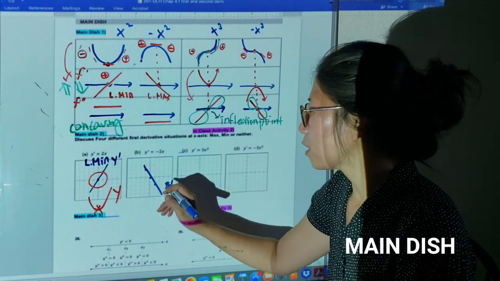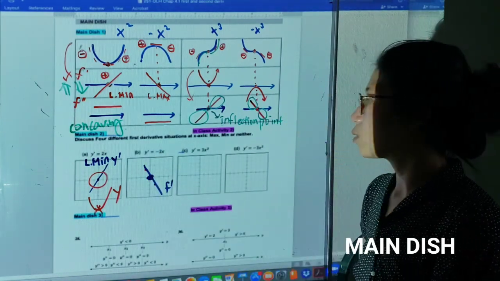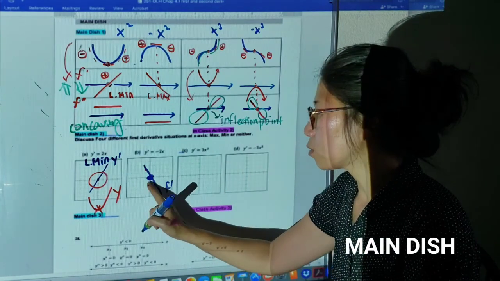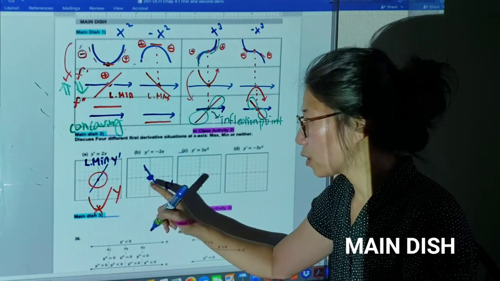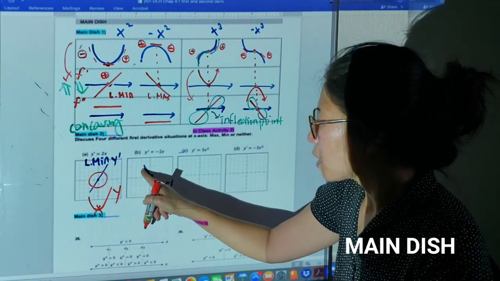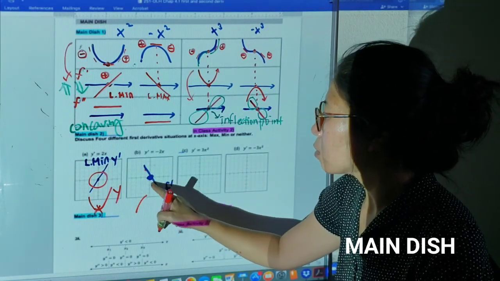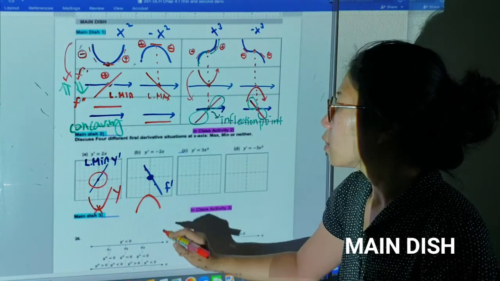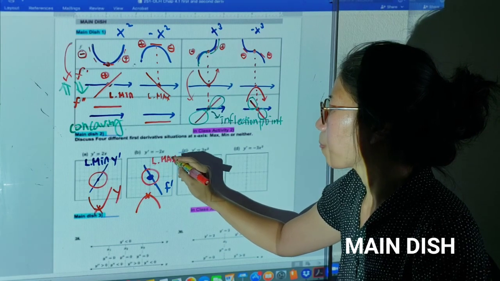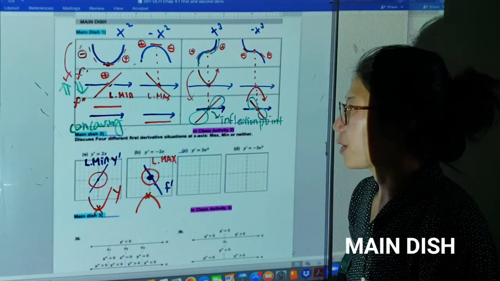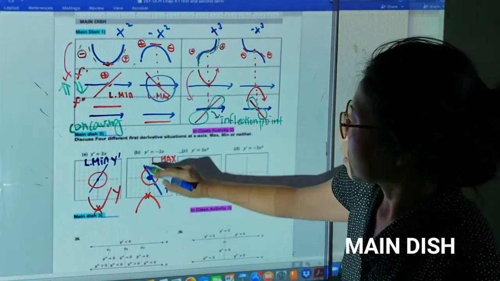Then what can you say about my original function at 0? Is this going to be local maximum or local minimum of my original function? Which will be, here it says increasing on my original and then decreasing on my original. So this point means local maximum. That represents local maximum. So keep relating, keep relating.